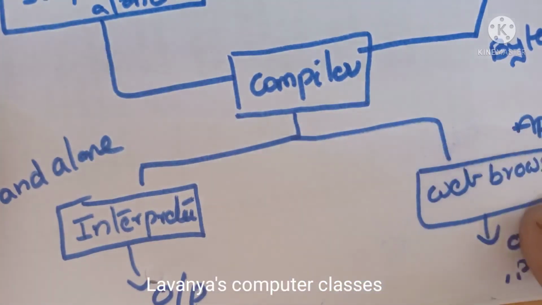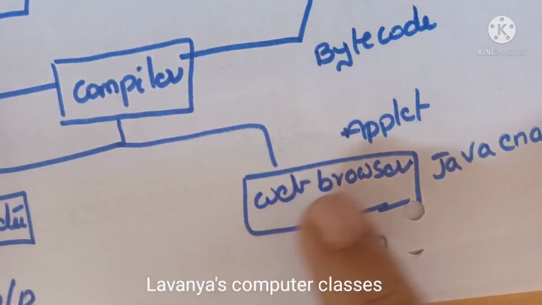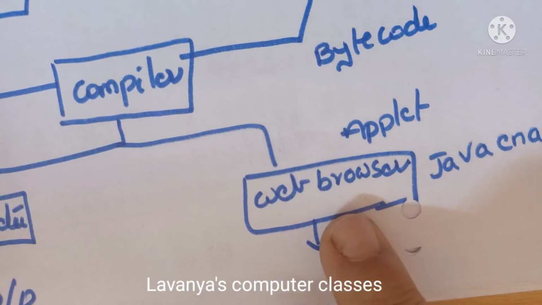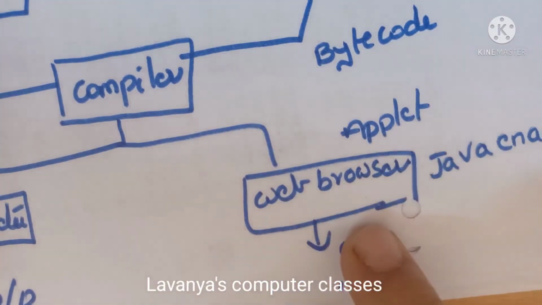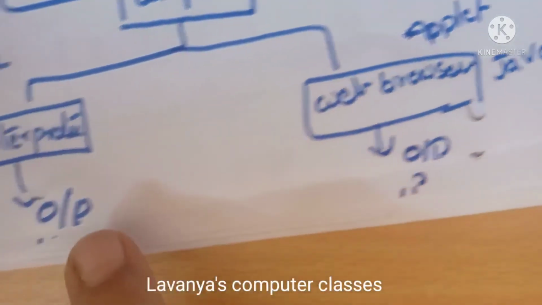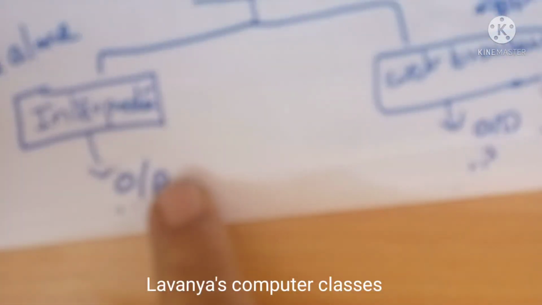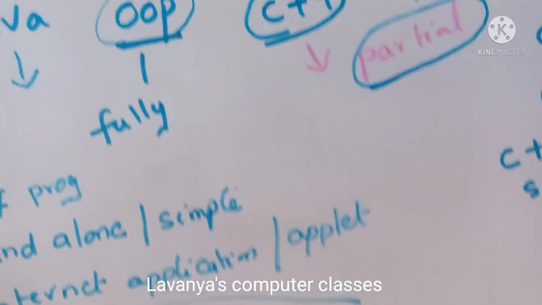If it is an applet program, an internet program, we already know all internet programs work on web browsers, so we need a web browser, a Java enabled web browser. After compiling and interpreting are over, it displays the output. So this is called the overview of a Java program.